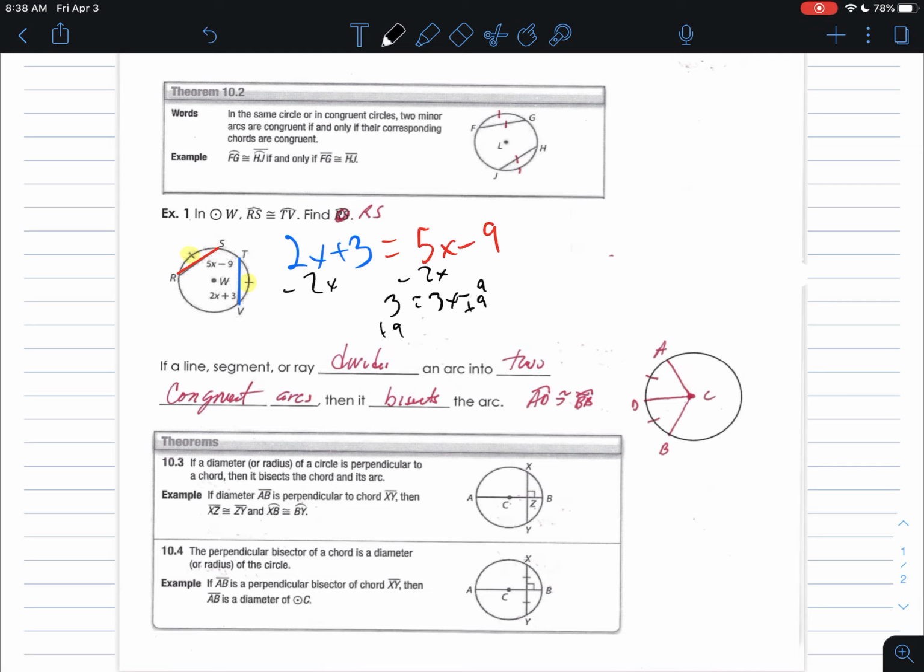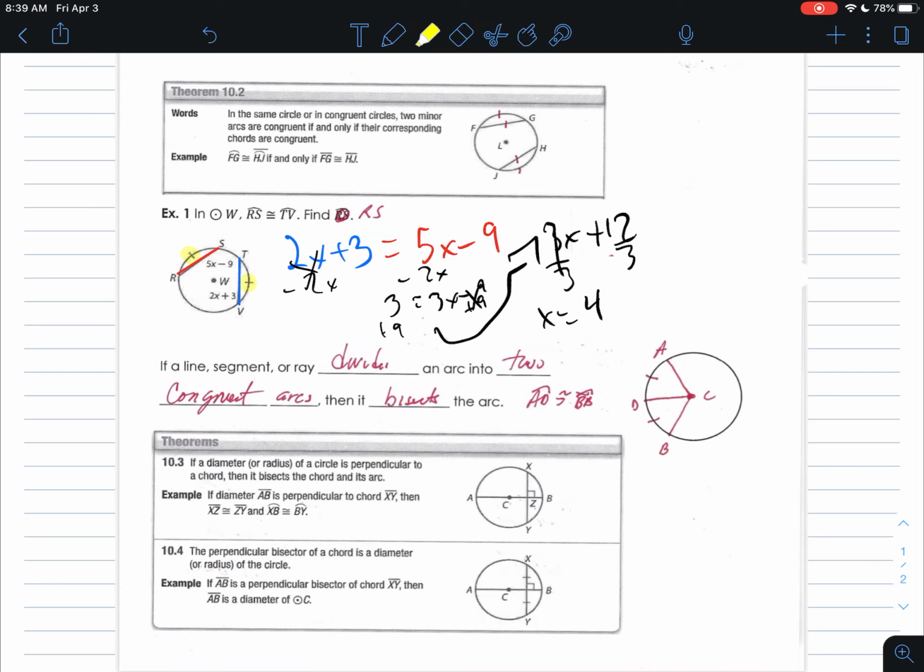And then we get 3x plus 12, divide both sides by 3, and we get x equals 4.